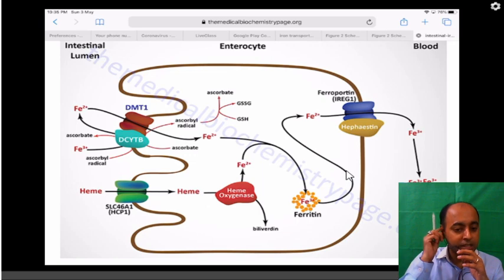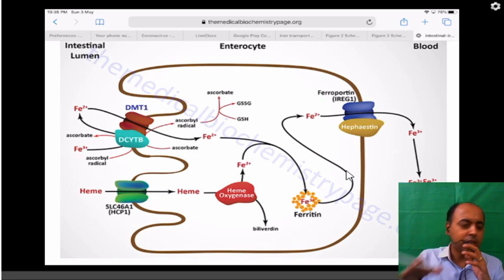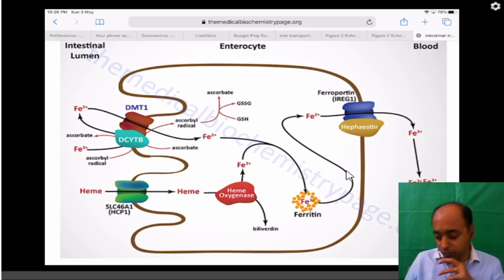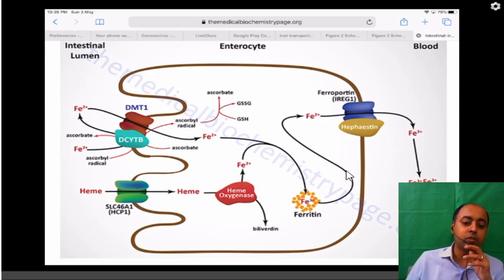The iron part is separated, and the heme part will then be broken down independently, as we had discussed previously how the heme part is going to break down. Okay, and this iron will be converted to the ferritin, and the ferritin is the storage form. Subsequently, it can be transported to the cytoplasm, from where it can be taken to the tissues.